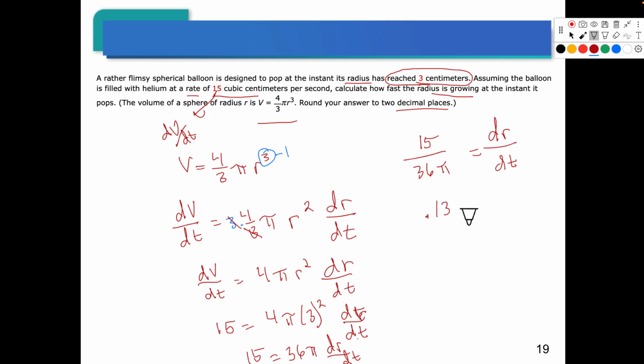And that's going to be, in units, it's a radius, right? This is how the radius is changing with respect to time. So radius is a linear unit, so that's going to be centimeters per, what is our time unit here?